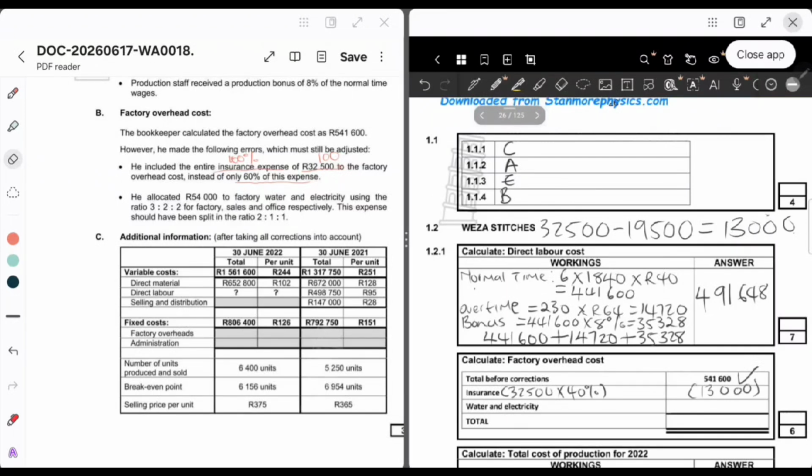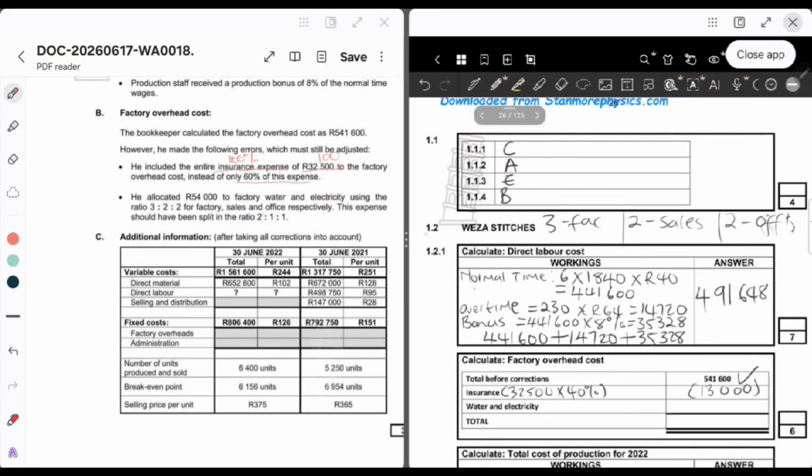Now let's move on. They say that he allocated 54,000 to factory water and electricity using the ratio 3:2:2 for factory, sales and office respectively. If it says respectively, it means the first 3 is for factory, the next 2 is for sales, and the last 2 is for office, which is admin, right?